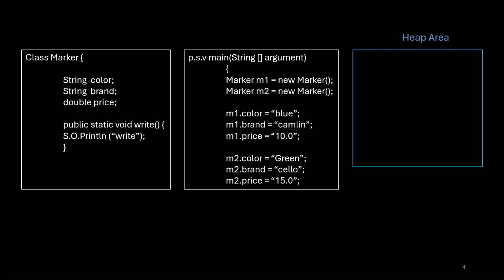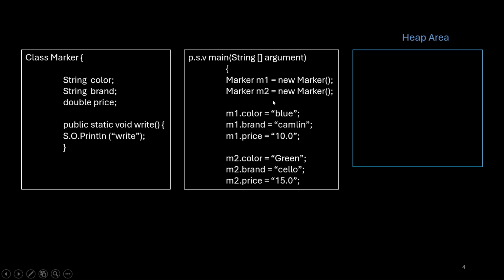If you forget to write the constructor, the compiler adds it by default. And here we are adding the values: m1.color is blue, m1.brand is Camry, m1.price is 10, and m2.color is green, Cello, and 15 rupees. So these are our values inside color, brand and price.